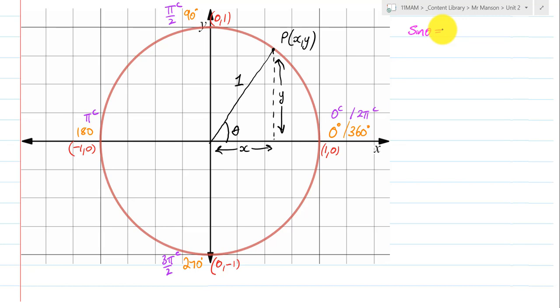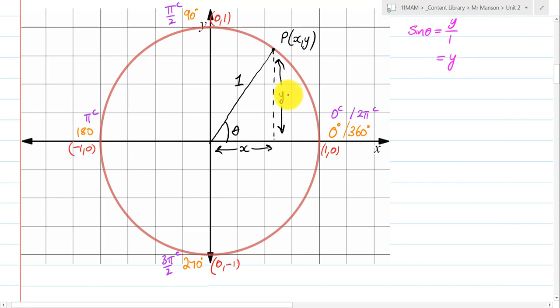Pascal. It will be y. Can I just take it a step back? Sine of theta is y over 1, which is opposite over hypotenuse, and we can simplify that down to be y. So can you see that sine of theta equals y, or y equals sine of theta?